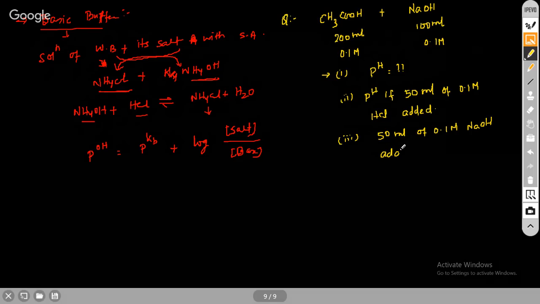In all these three cases, you have to find out the pH of the solution. One more thing, the Ka value is given. Ka value is 2 into 10 to the power minus 5. This is given.